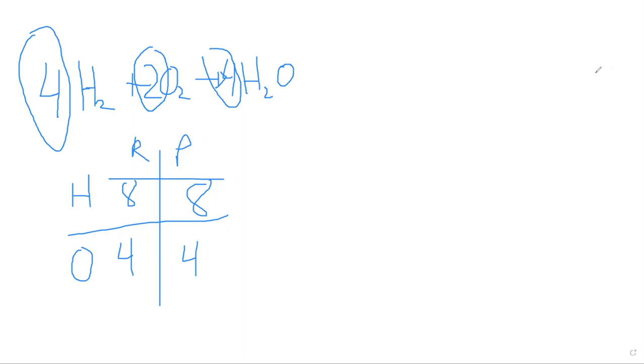So technically, yes, this is balanced, but it's not in the lowest possible ratio. So the last check you need to do is say, is there a number I can divide all the coefficients by to reduce it? In this case, I can reduce it by 2, right? So I would change this to 2, 1, 2, back to our original equation.